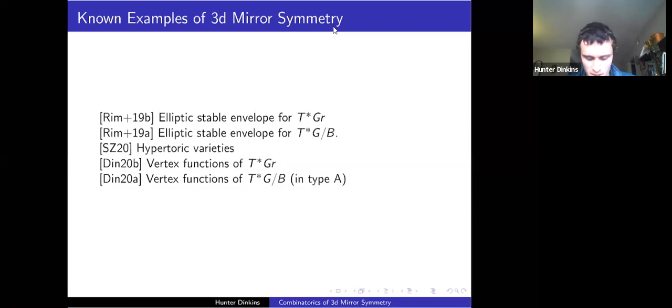And my own research is focused on studying the vertex functions and trying to consider this 3D mirror symmetry expectation for particular types of examples. So particularly, I've looked at the vertex functions of the cotangent bundle of the Grassmannian, and also for the cotangent bundle of the full flag variety in type A. So I'm going to zoom in on this specific example today, and it has some interesting connections with Macdonald polynomials. So let's get into that.